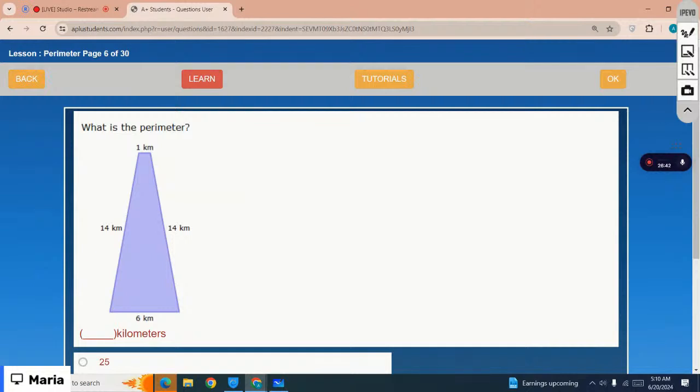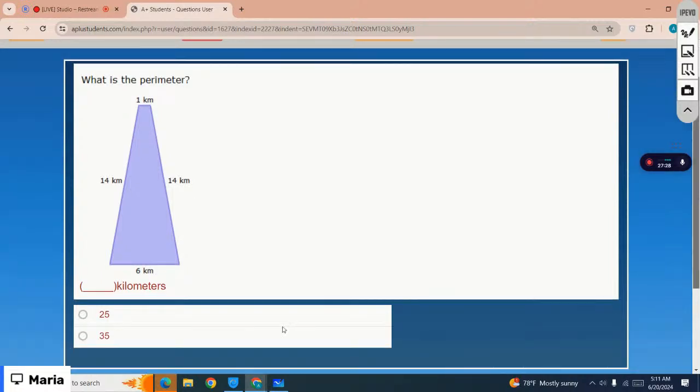So which is the correct option? The correct option is 35 kilometers.